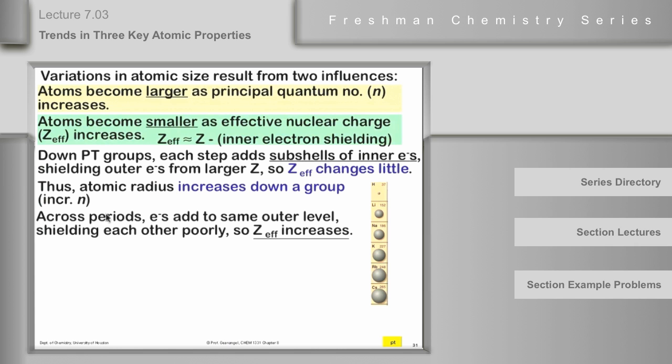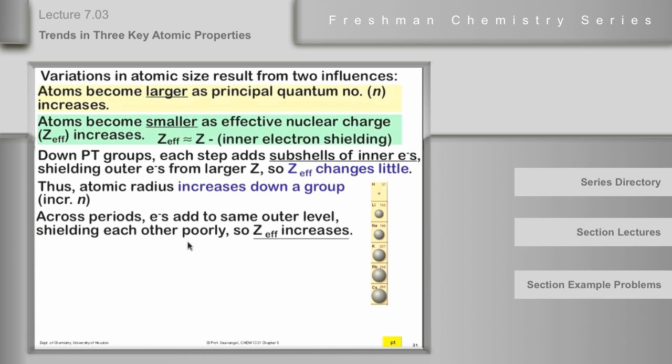Remember that. Now across a period, electrons are added to pretty much the same outer level. And this is certainly true for the s and p groups. Since these electrons are not down inside where the other electrons in that level are, they don't shield very well.